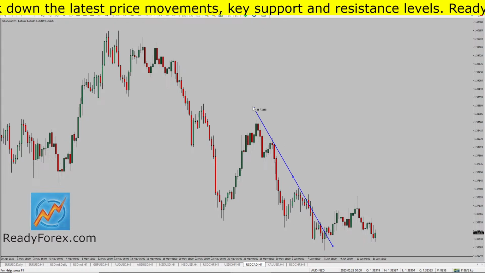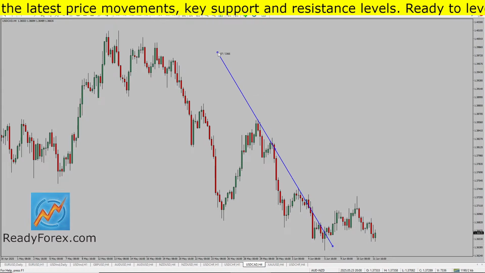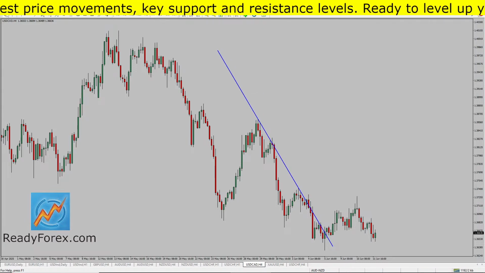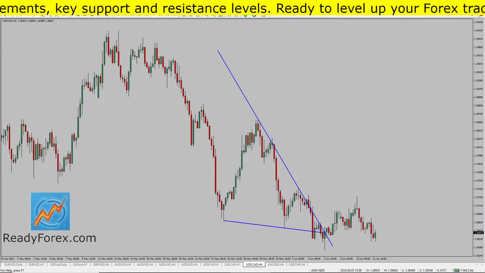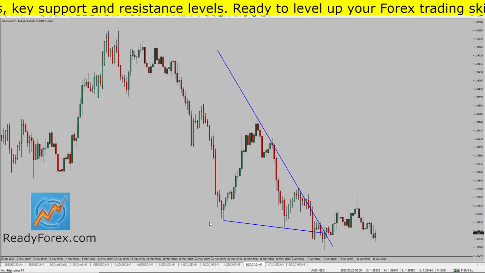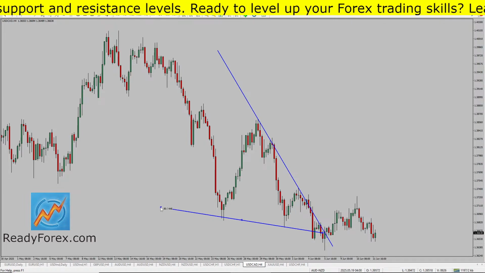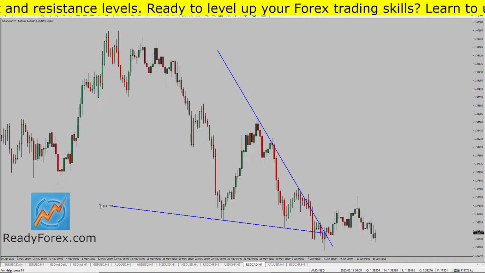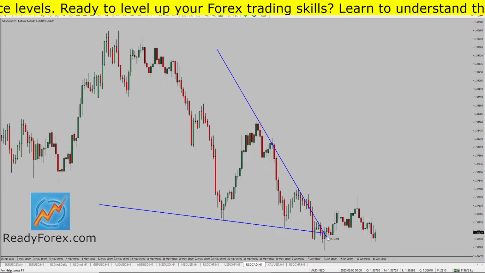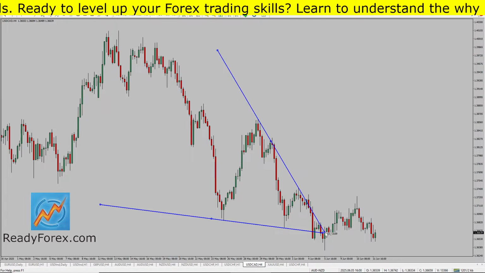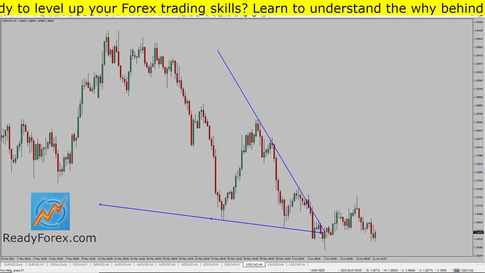Let me draw the trend lines. Okay, so we got this potential ending diagonal scenario inside US dollar versus Canadian dollar currency pair.